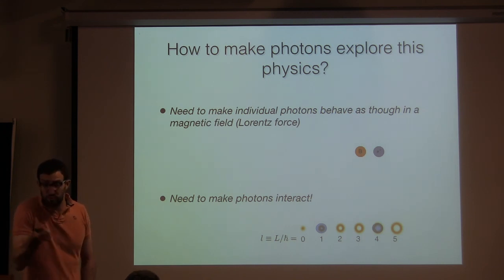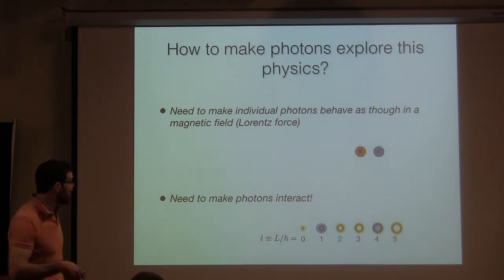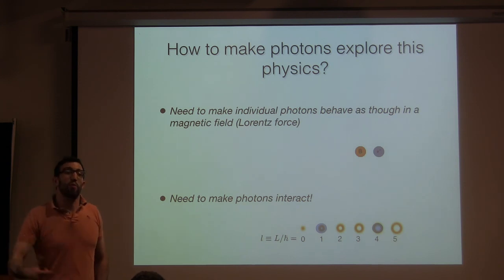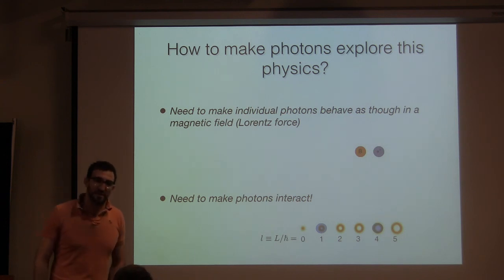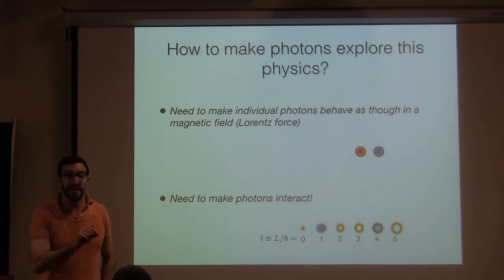You need a p squared plus x squared Hamiltonian, and x and p have some commutator. It turns out in the lowest Landau level, you end up with x and y having a commutator, not px and py, or not x and px.